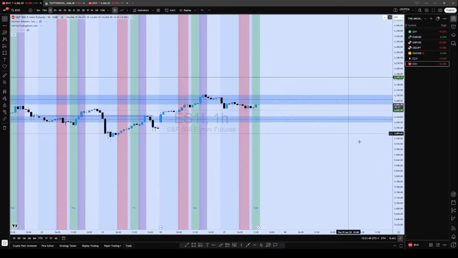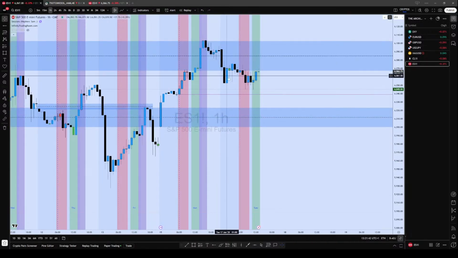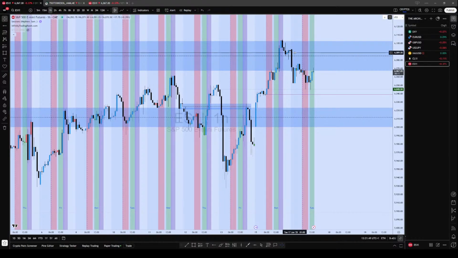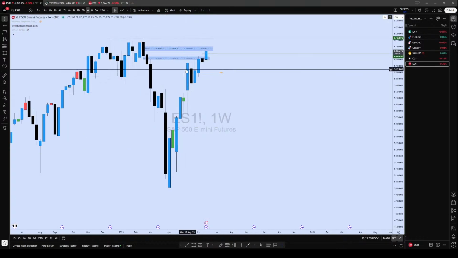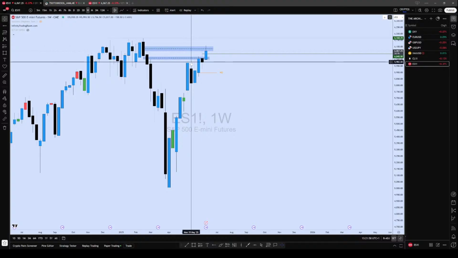So New York session, you look for a fair value gap to form and then you buy. I'm not convinced to the upside because we've come up too high, and like I said, price has been rejecting previous week's high for the last almost a month.